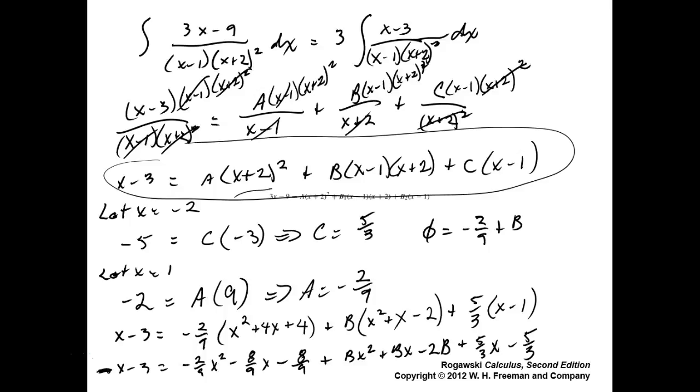So B is equal to positive 2/9. You could have done it another way: taken the x terms, where the coefficient is 1, so 1 equals minus 8/9 plus B plus 5/3. Mess around with those and you should get the same 2/9. Or you could take the constant term, negative 3 equals minus 8/9 minus 2B minus 5/3, and you should get the same answer. To me, the square terms were much easier. So B is equal to 2/9.